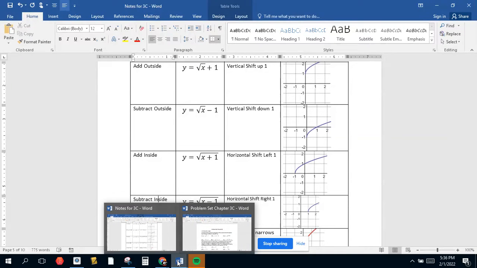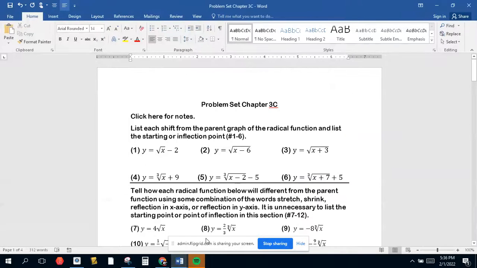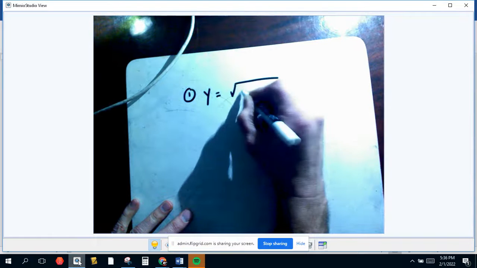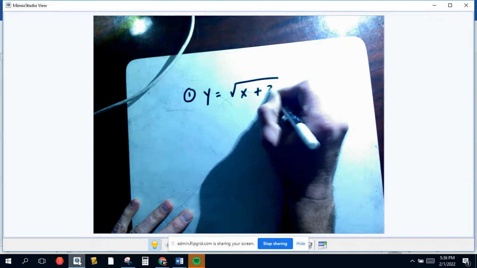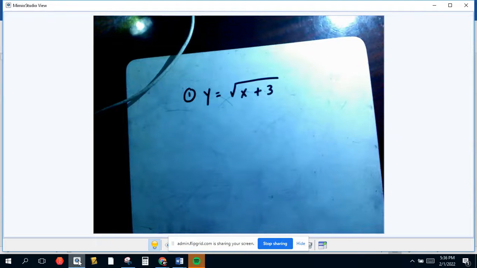So we'll use that to look at this section here, this problem set. And regardless if you have this actual worksheet, this could still be helpful. So looking at a couple examples that I'm going to make up here, we could have some scenarios where you're just doing one shift.